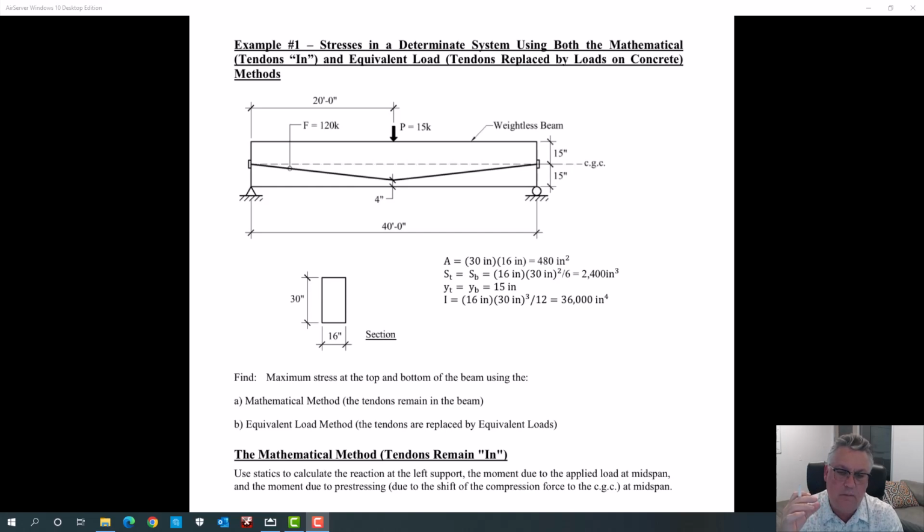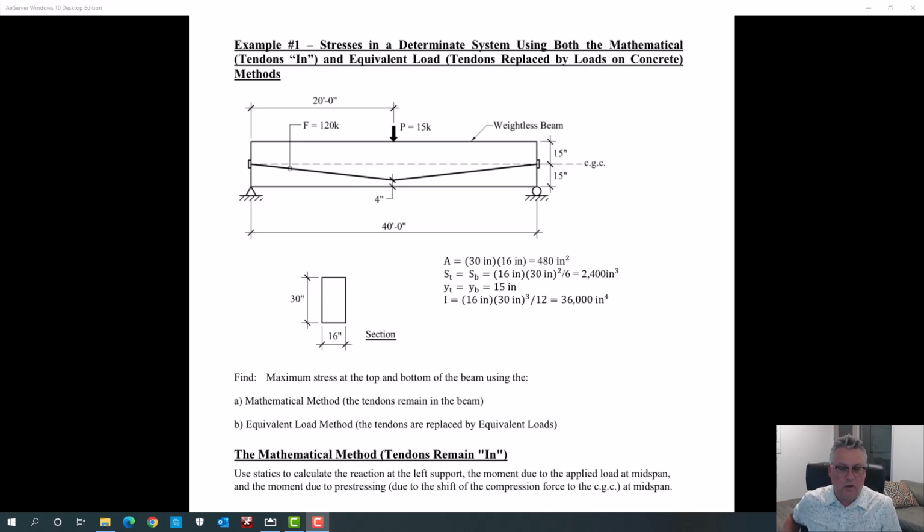This is the part, I hope I can say this well. I've had years and years of practice, and I'm never really truly happy with what I say. Our ultimate objective of the first half of the course is to calculate what the stress is in the concrete. Now, up until this point, I have shown you that we will have stresses in the concrete due to the fact that we just pre-stress the beam.